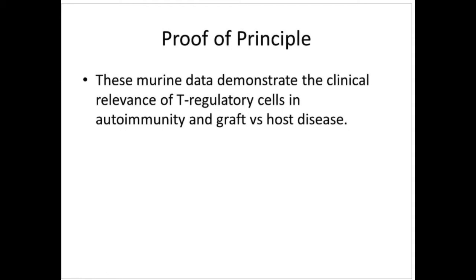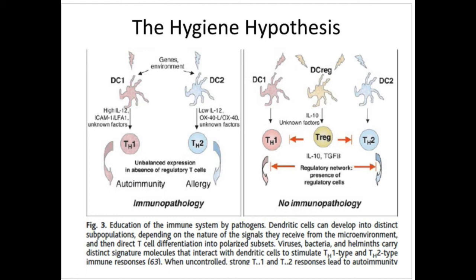Now, this also feeds a little bit into the hygiene hypothesis, which most of us have talked about a couple of times in the last couple of years. With certain signals, namely helminthic signals and bacterial signals, you develop an unbalanced expression of Th1 cells, which are proinflammatory, and Th2 cells, which are really allergy-inducing.